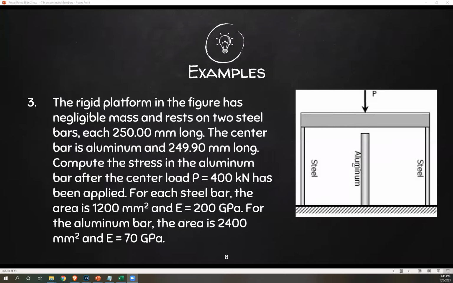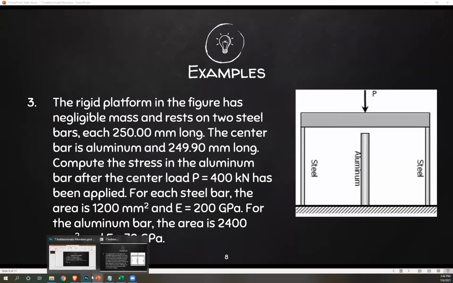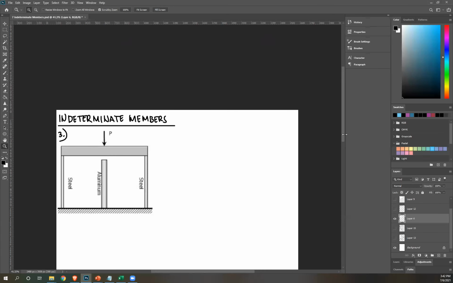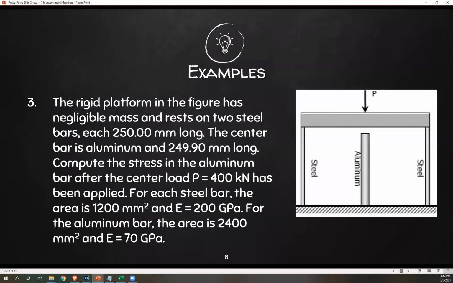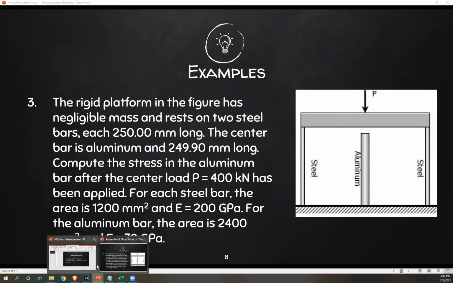Then, first step, write out the given. So, steel bar, 250 millimeters long. That's the first one. So length of steel bars, LST. Next, L aluminum is 249.90. Next, P is 400 kilonewton.